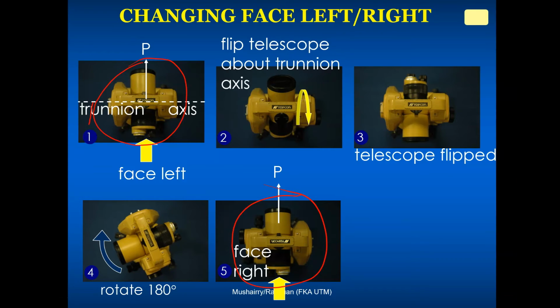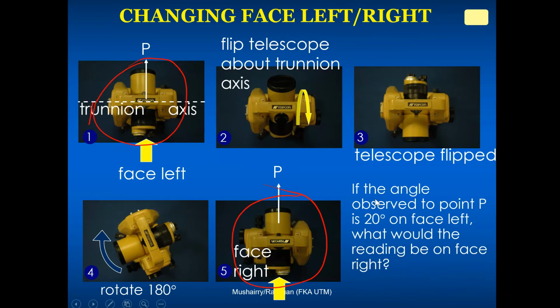Supposedly, assuming that we read 20 degrees here when we're in phase left, when we have changed phase to right, we should read 200 degrees because we have rotated 180. So 180 plus 20 should give us 200 degrees.